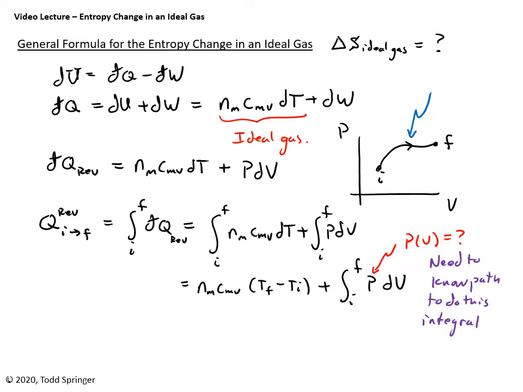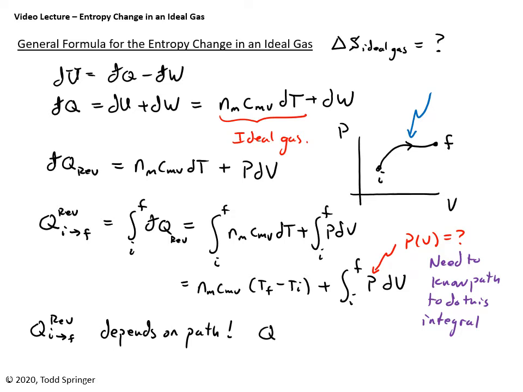So what it shows you is that Q from I to F, in a reversible process, depends on the path. If you give me a path going from I to F, I can put it in here, do the integral, and get the value for Q. But I can't do it in general. This is as far as I can go.